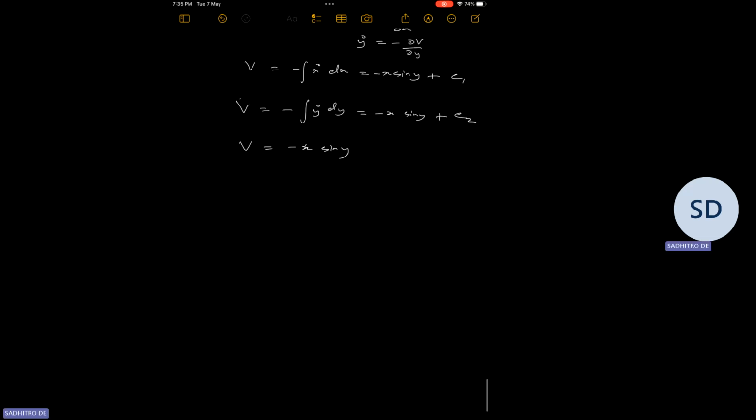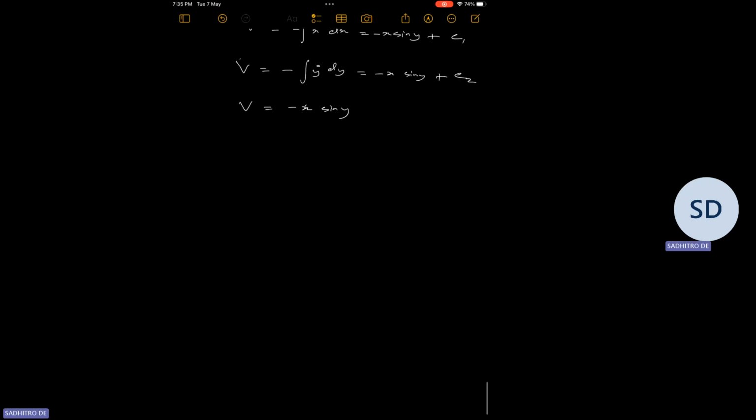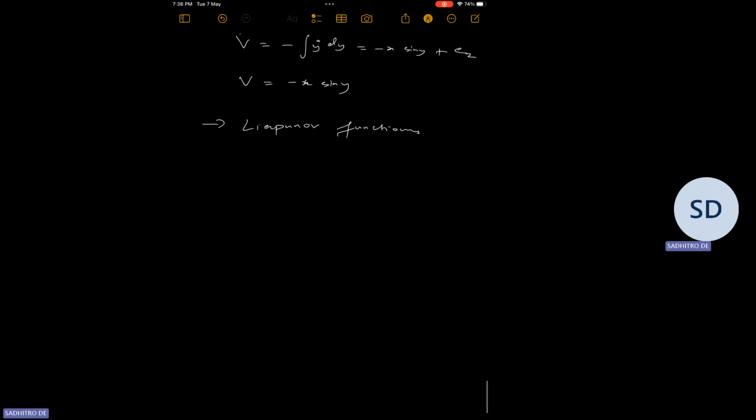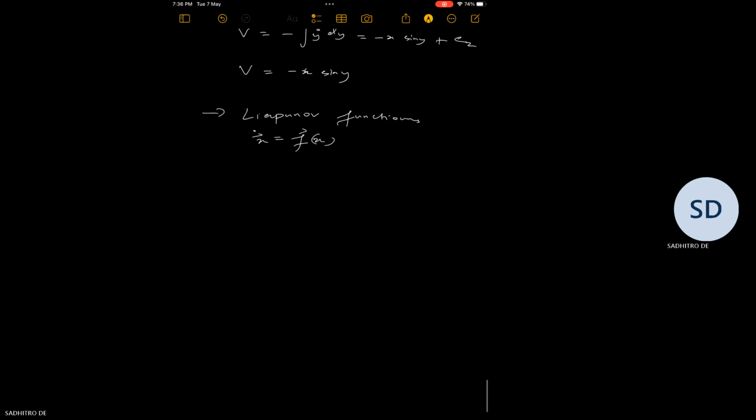So another criterion which can help us in ruling out closed orbits is what are called Lyapunov functions. So what is a Lyapunov function? Suppose you have the system x dot equal to f of x, with x star being a fixed point of the system.